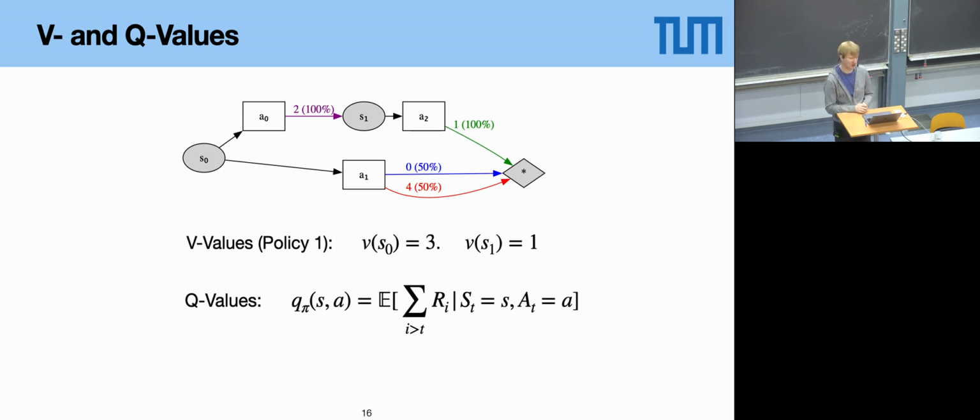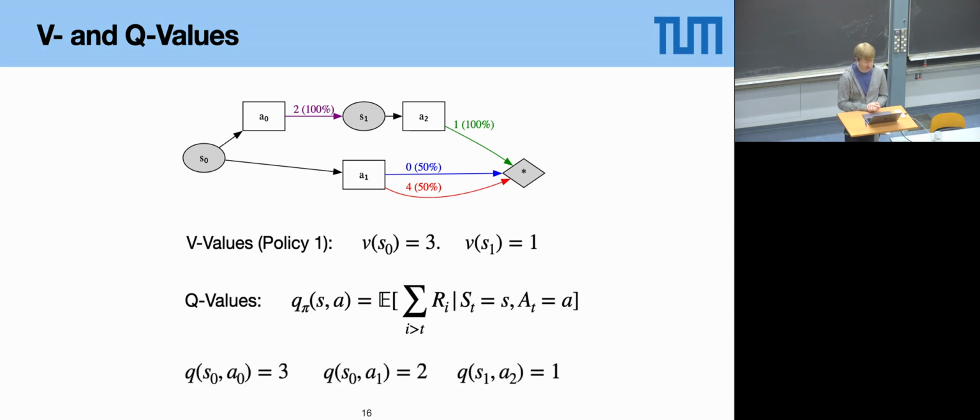That's the expected future reward if you start in a given state and choose a given action in that state. For this problem, the Q value when starting from S0 and choosing action 0 would be 3. So it's basically the same numbers as you've seen before. And there are 3 combinations of states and actions, so there are 3 Q values.